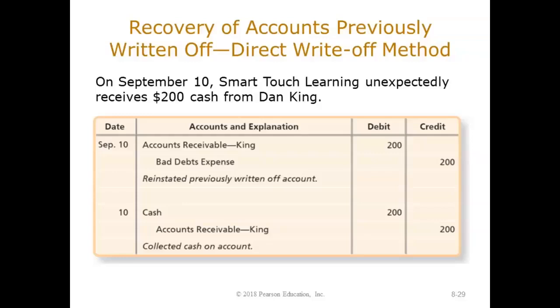Then on September 10th, they're going to apply the cash to the accounts receivable King account like it would normally do. So we're going to have a debit to cash here and a credit to AR for King for $200. Once we reinstate the account, then with the cash that we receive on that account, we'll put it against the accounts receivable in a normal entry like we would normally do.